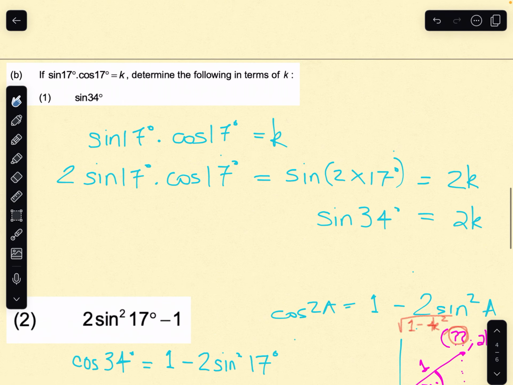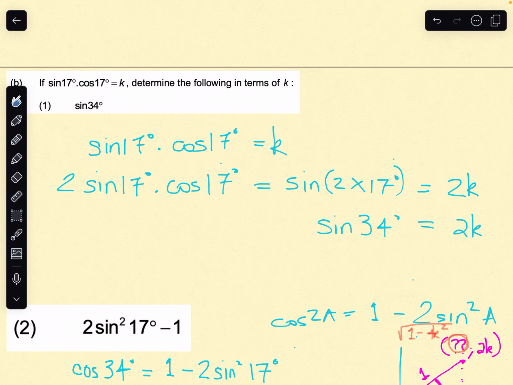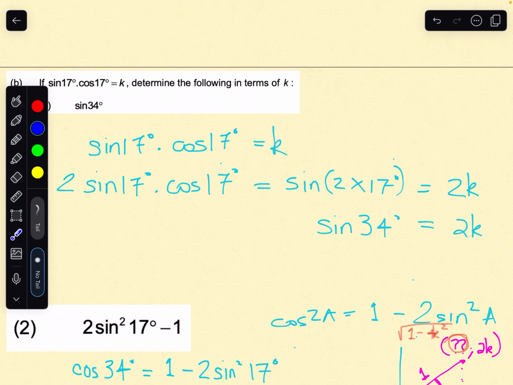So I guess the problem, if you had just simply tried to attack this question purely using the calculator: for the previous one it was clear to see that sine 34 relative to the value of this was just double this, so it was easy to deduce the relationship.